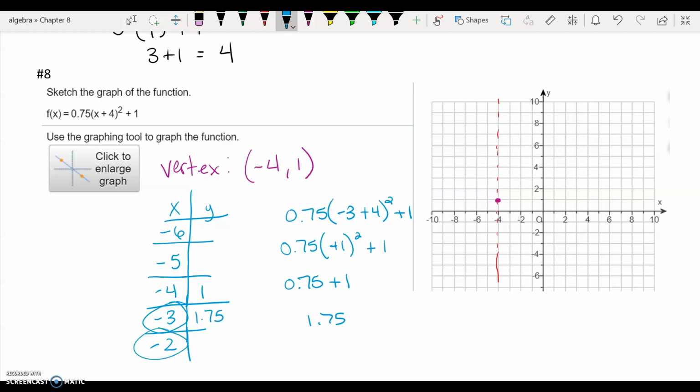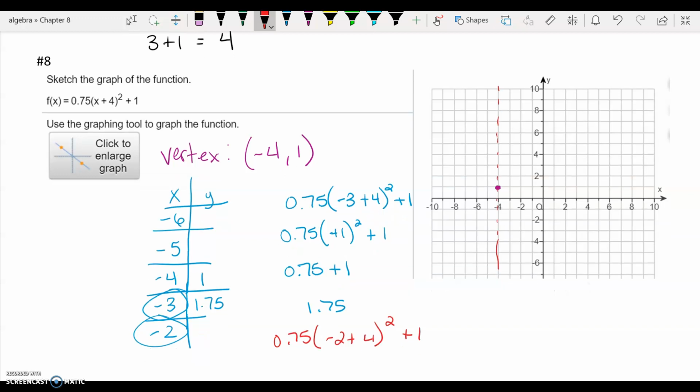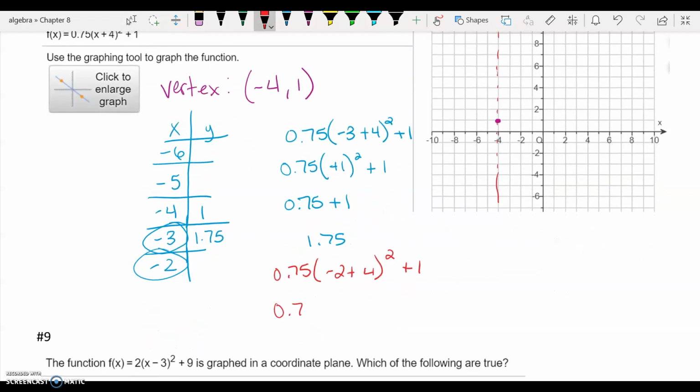Let's try -2. So I'm going to do that one in red. 0.75 times -2 plus 4 squared plus 1. That ends up being a whole number. That's a little bit easier to graph.